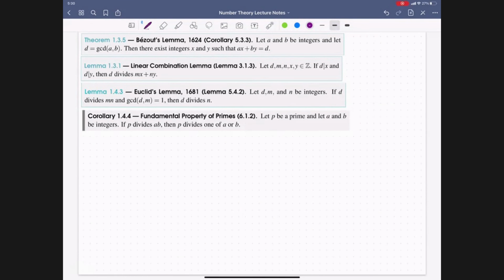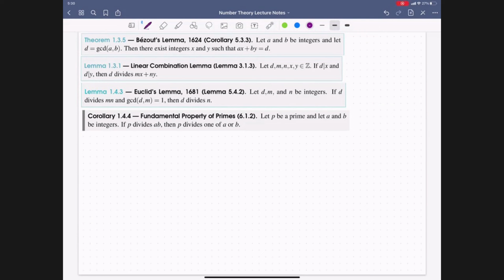And now we get to what is referred to as the original Euclid's lemma. What it says is, if p is a prime number, and a and b are integers, if p divides ab, then p divides a, or p divides b. Why do we get this automatically from Euclid's lemma?